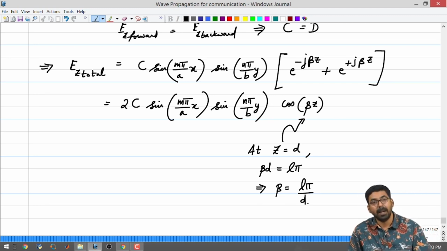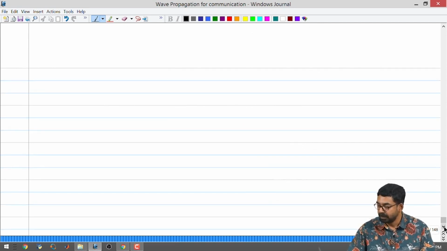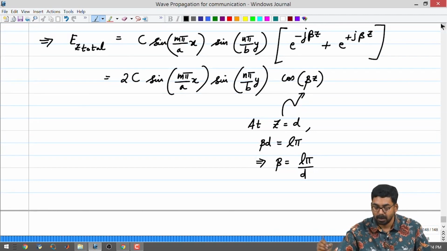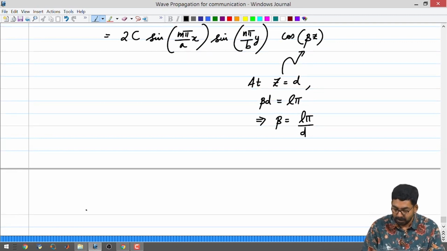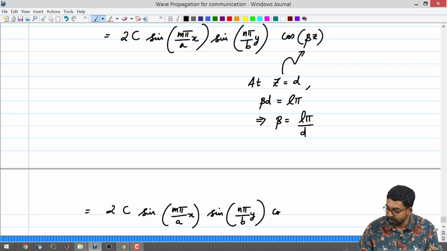So, beta looks like L pi by d. So, this means that I can take the prior expression and rewrite this as 2c sin m pi by a into x sin n pi by b into y and cos L pi by d into z.